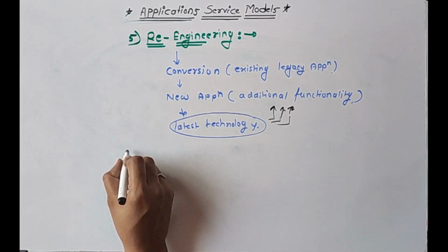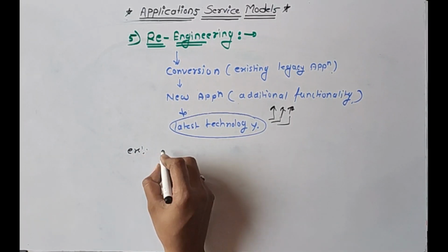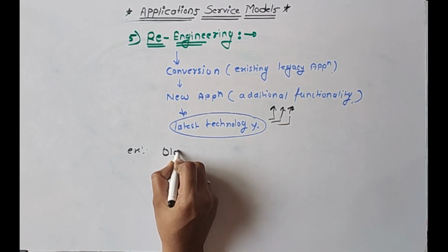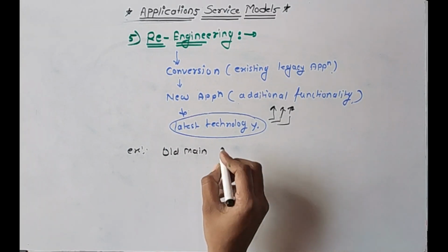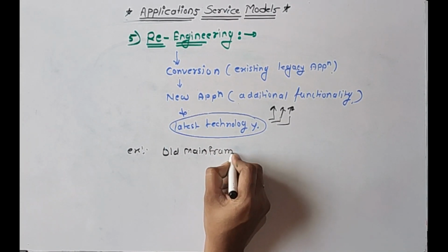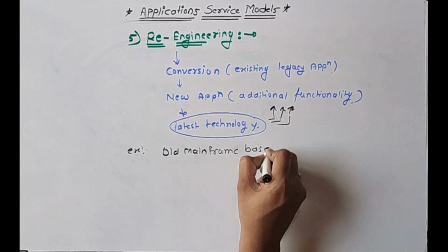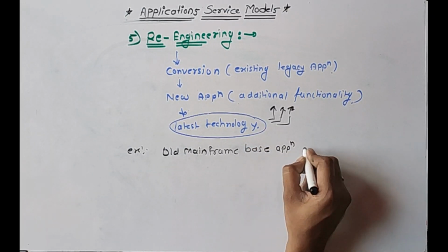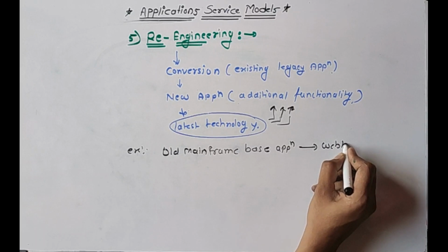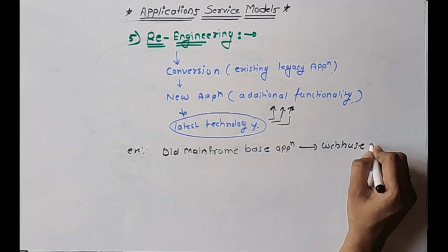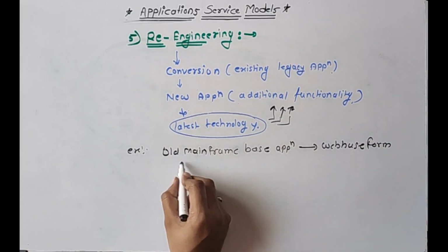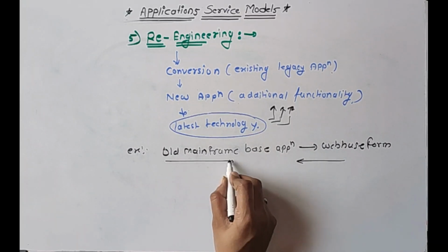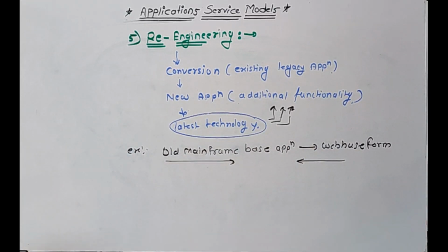Okay, so the example is converting an old mainframe based application into a web based form. What does the re-engineering service model exactly do?